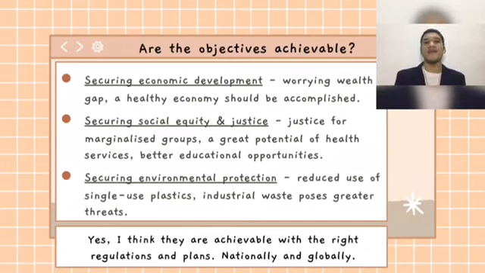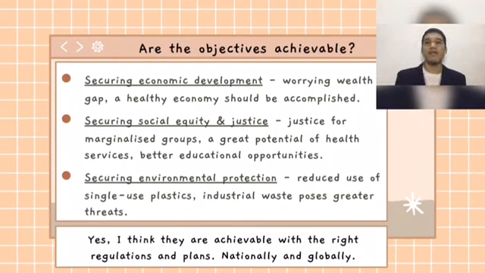Now, let's take a look at the second objective, securing social equity and justice. As we can see, in the past decade, there has been a steady rise in the movements for the rights of marginalized groups in our country. This is a step further to improve gender and race equality in our society, among others.